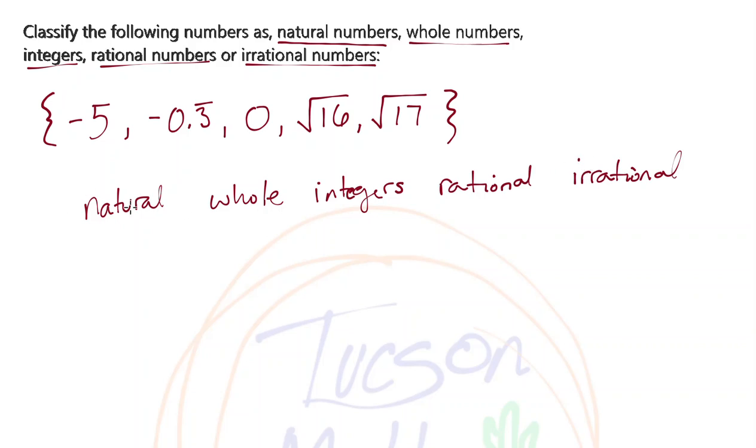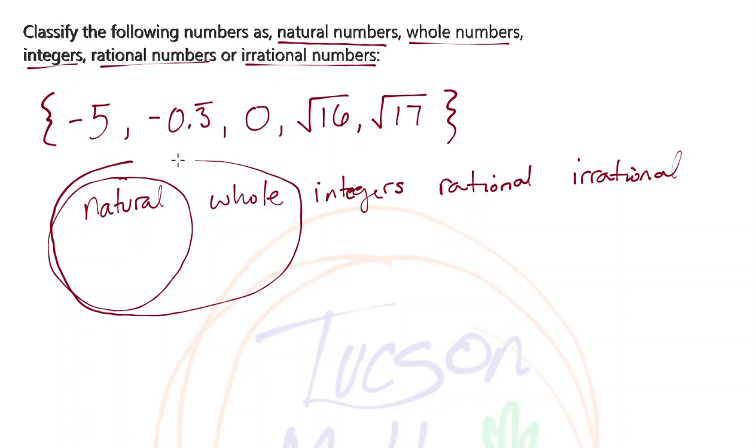But now watch this. Natural numbers is this little tiny set. Whole numbers are natural numbers. No, I said that wrong. Natural numbers are in the set of whole numbers. And integers contain all the whole numbers and the natural numbers.